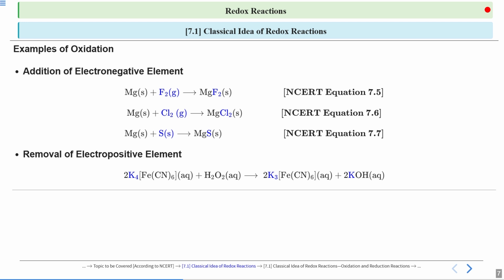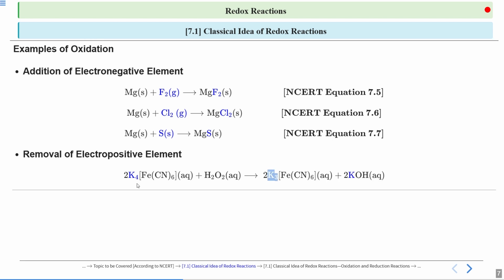Now, in the complex K4FeCN6, you will find that there are 4 potassium ions. I am here talking about the unbalanced reaction. If you consider the balanced one, then obviously these particular numbers are balanced. So if we consider the unbalanced one, here there would be 4 potassium elements, while here there is 3. So what has happened over here?